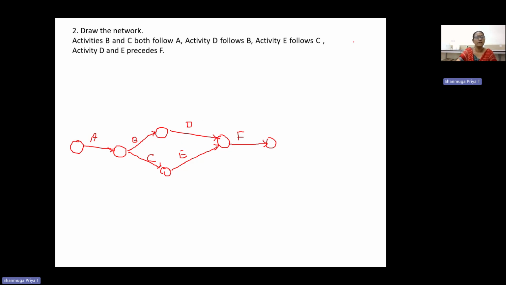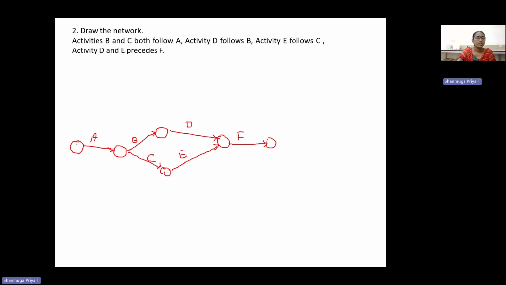If we check this: B and C follow activity A. Next, D follows activity B, and E follows activity C. F is the final activity, which has as its preceding, or previous, activities D and E. So this is the final network.